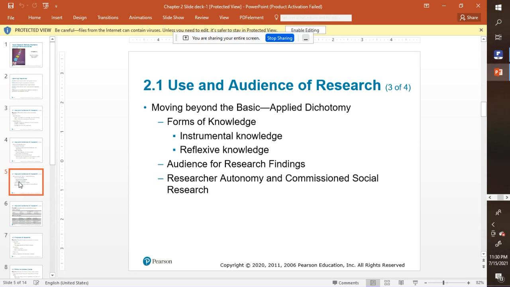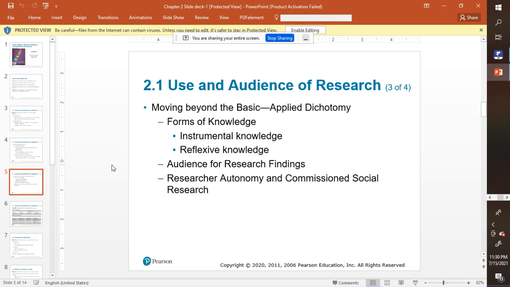Looking at the audience of research, beyond the basic and applied knowledge, we have the basic-applied dichotomy.